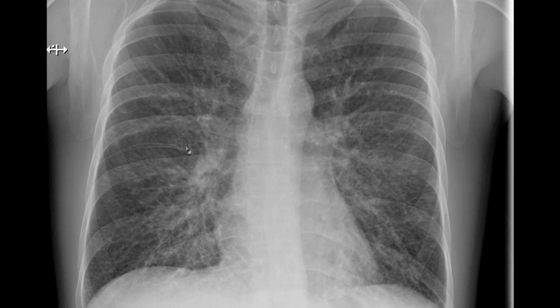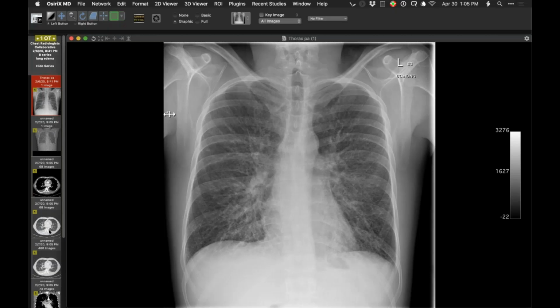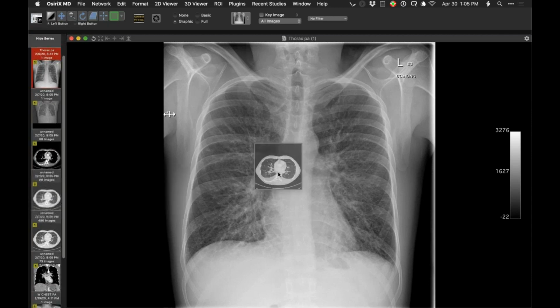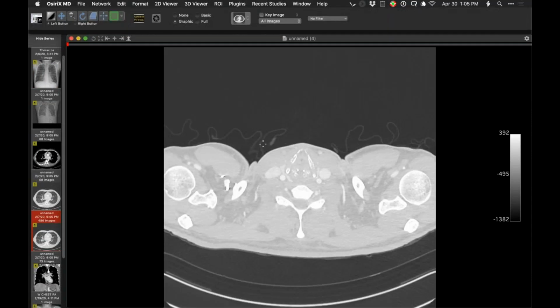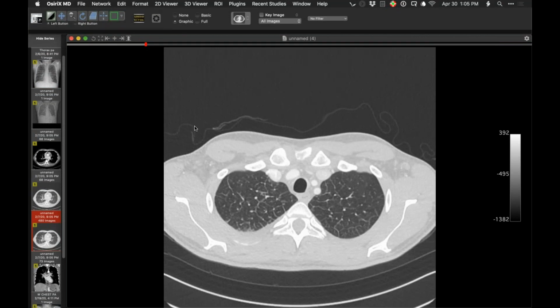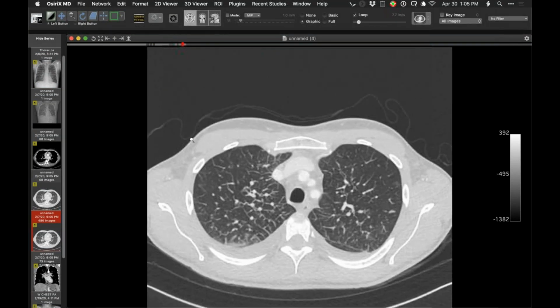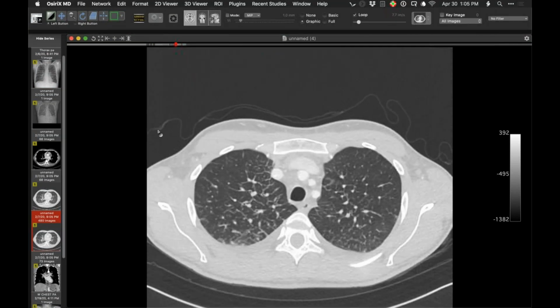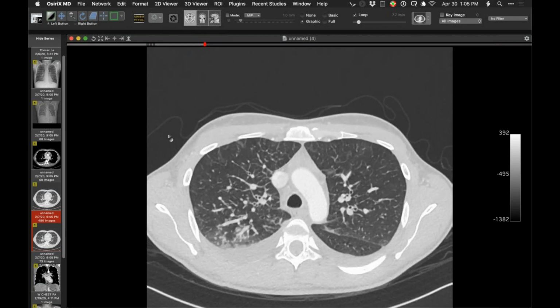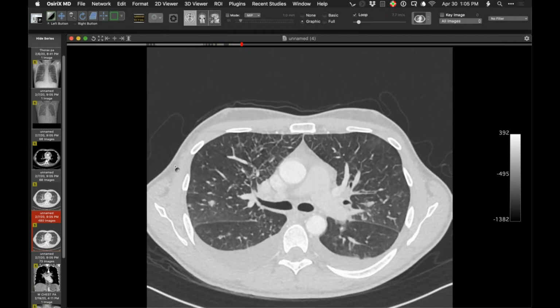So let me show you the CT. So that is on the 6th, and here is the next day. And what is really striking about these thickened interlobular septa is how thick they are.